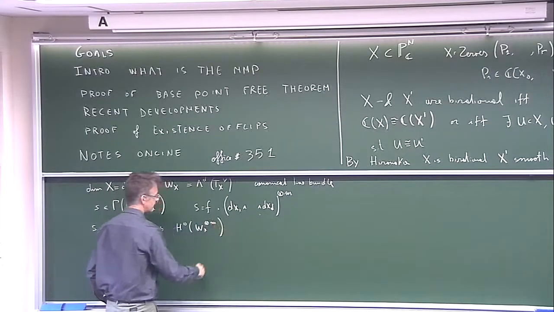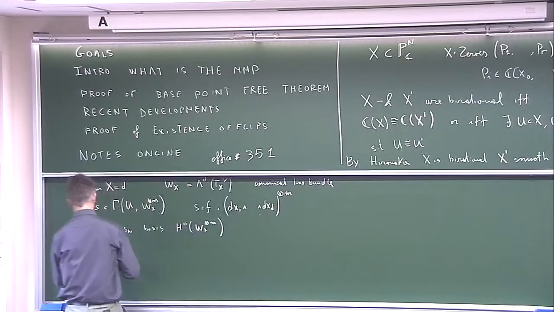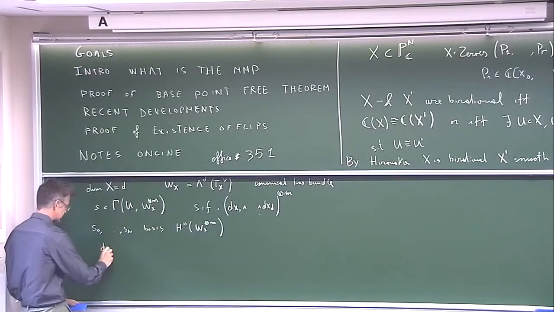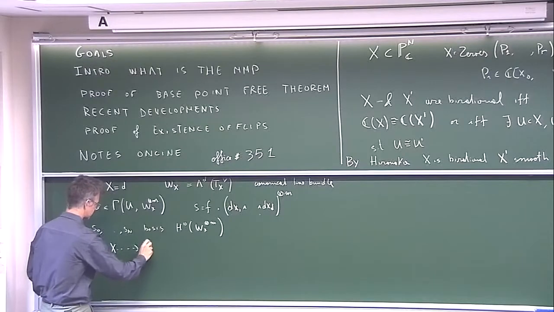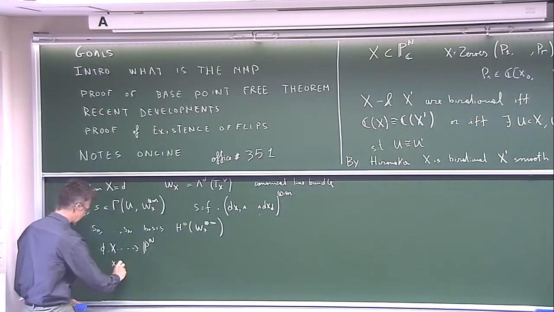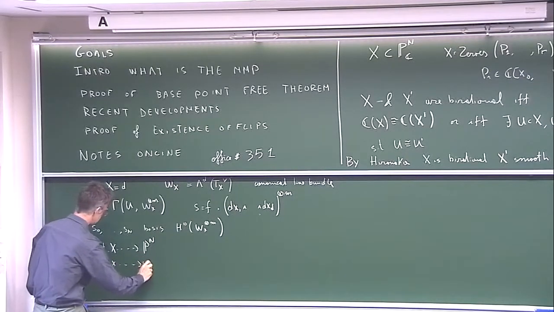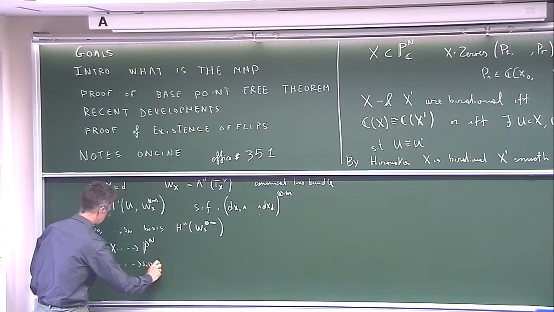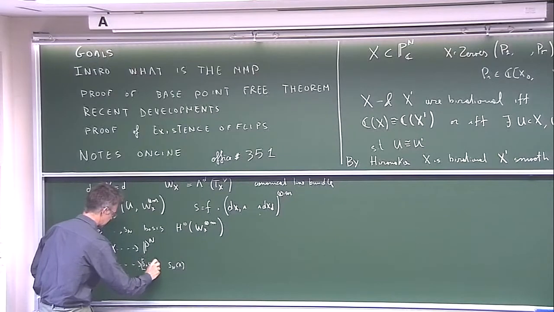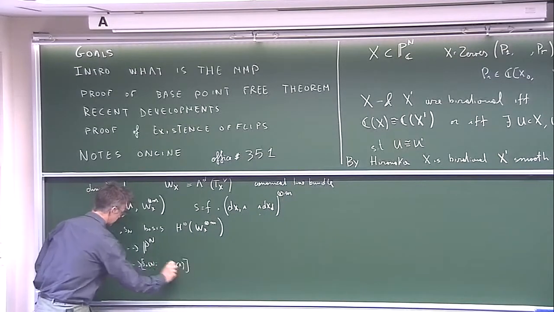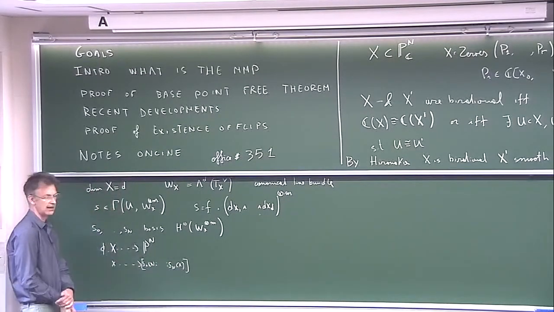And then this will define for you a rational map to the corresponding projective space, just by sending a point x, you just evaluate these sections, and that gives you a point in projective space.